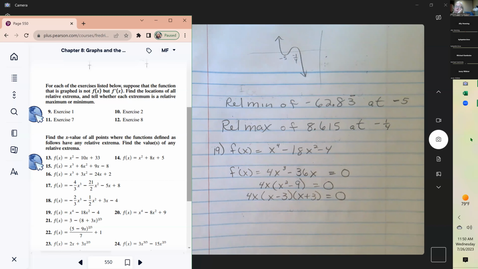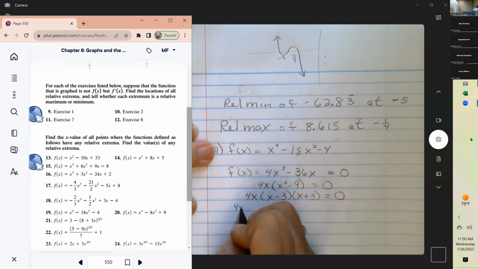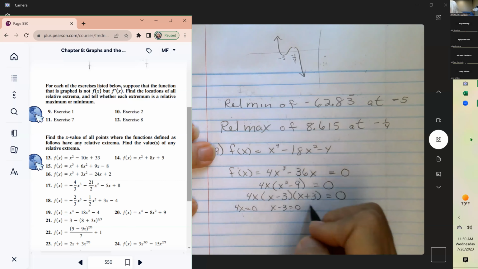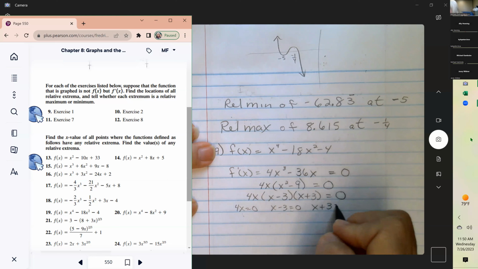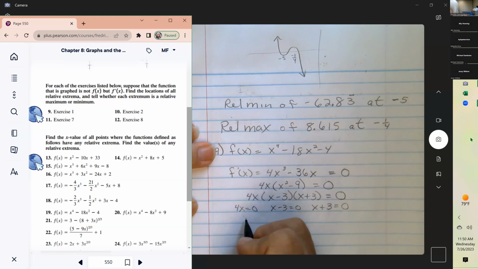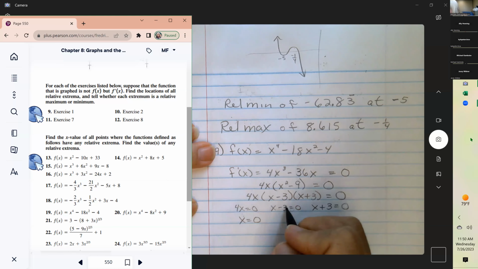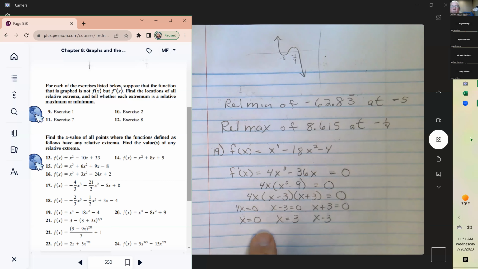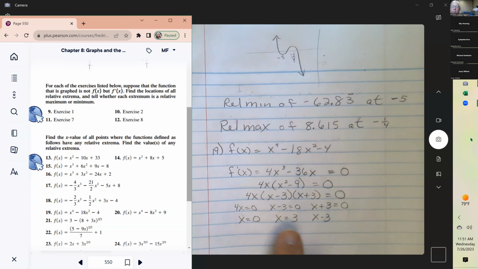So this one has 3 critical numbers. Set each part equal to 0. Divide by 4 and get 0, add that over, and subtract. So we have 3 critical values, 0, 3, and -3.